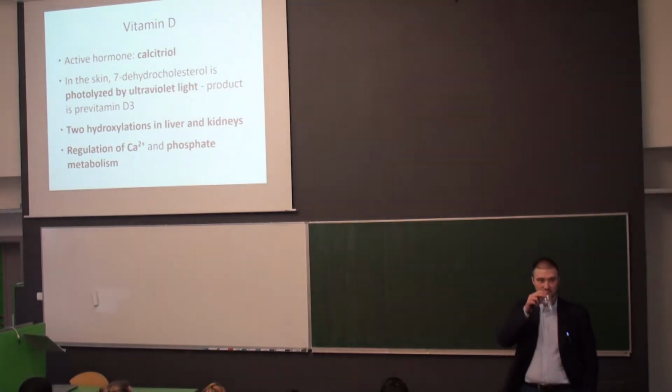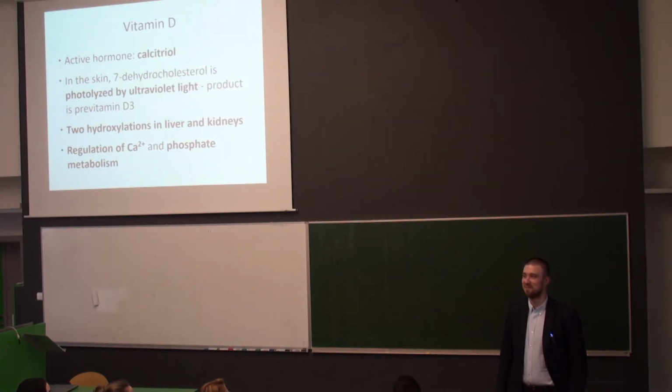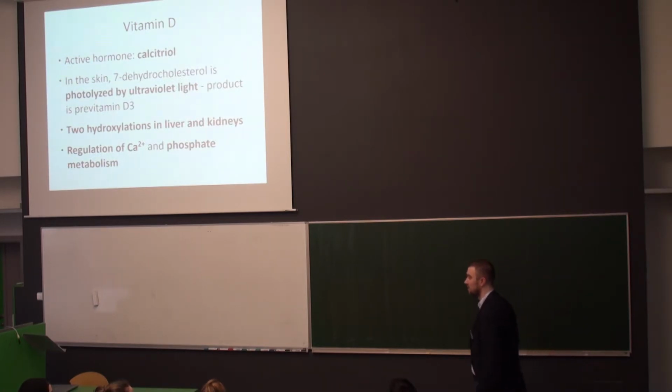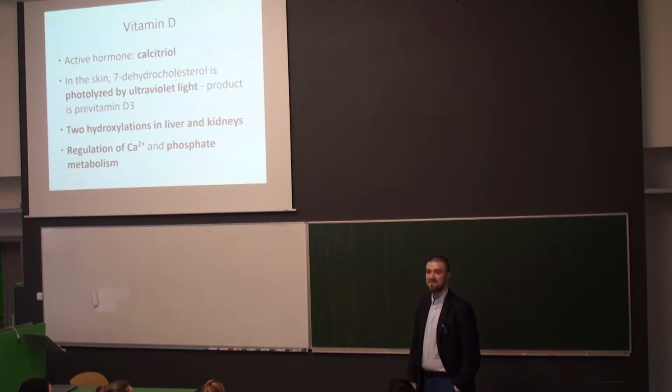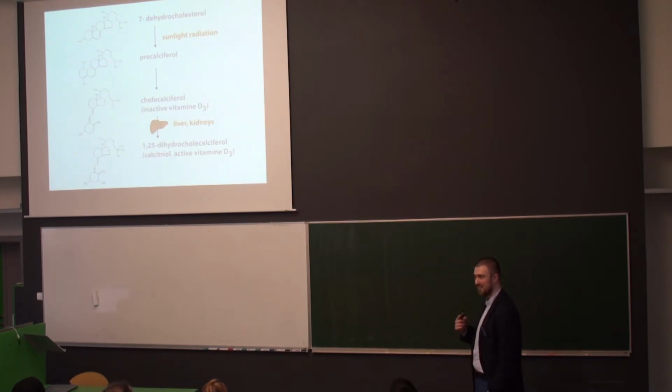It is from vitamin D3, but it can be produced in the body. Therefore, the term vitamin is not fully correct here. It's a derivative of vitamin D3. That's true, but it's a steroid hormone. It's also a derivative of cholesterol. Yes, it's a derivative of cholesterol, since in our body we can produce it.